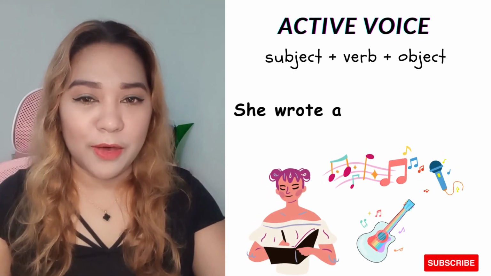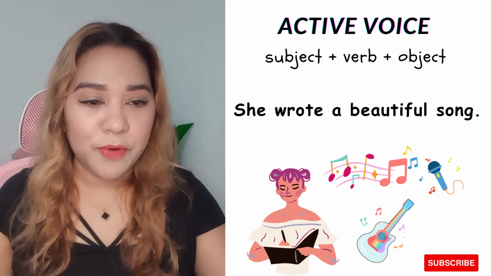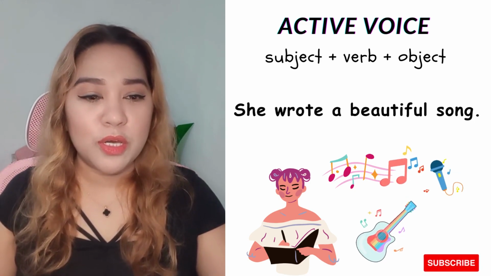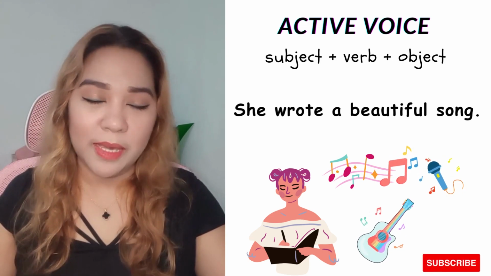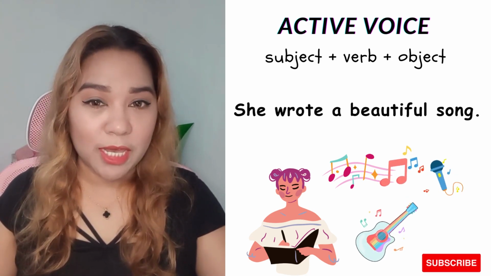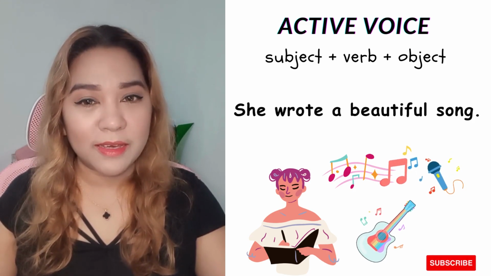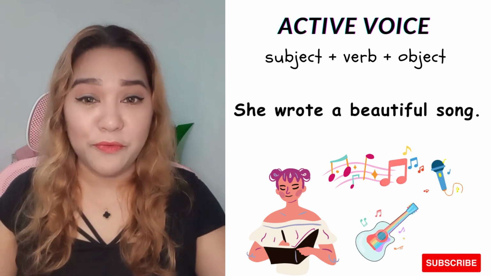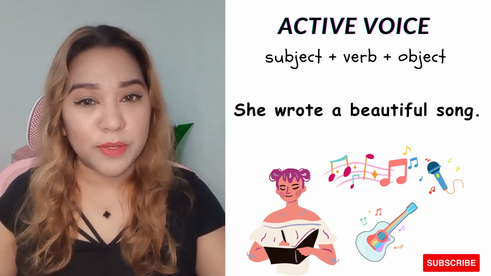Now let's have example number 2. She wrote a beautiful song. Okay, now what is the subject in that sentence? She. And what is the verb in that sentence? Wrote.